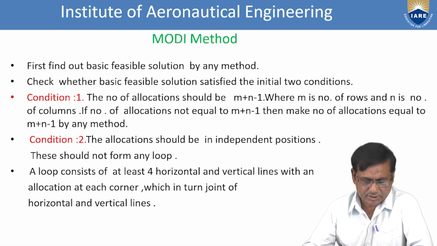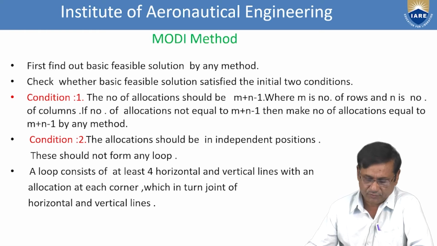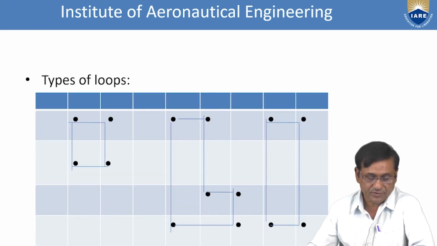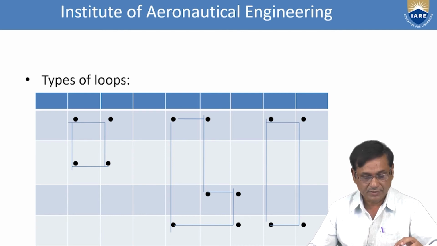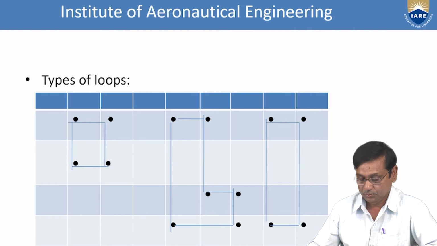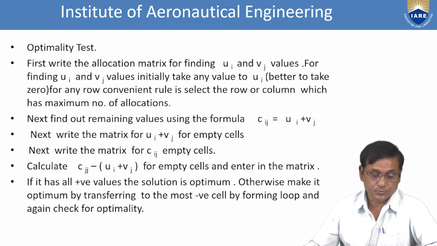If these two conditions are satisfied, then we can perform the optimality test. So these are the different types of loops. So first loop, it is having 4, and in the second loop it is having 6 allocations. In the third loop, these are the different types of loops.